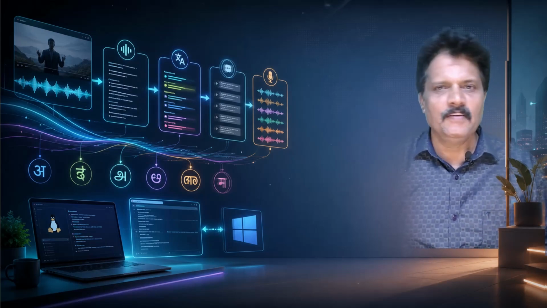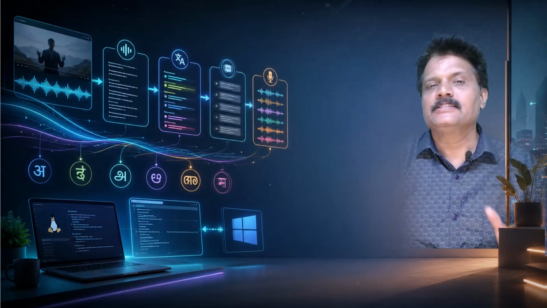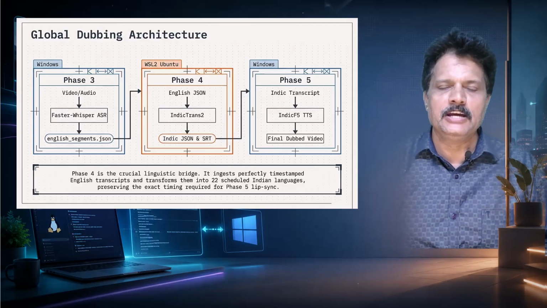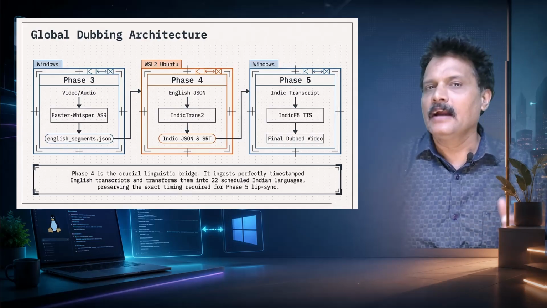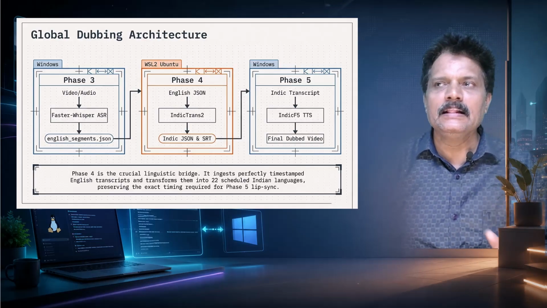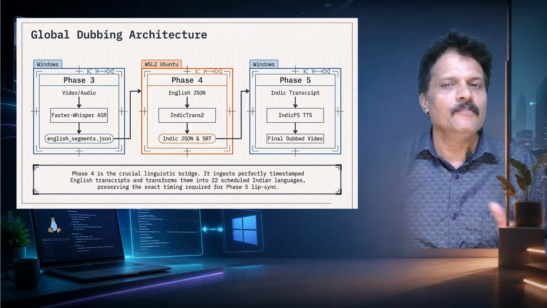In this session, we will cover phase 4 of the local AI dubbing and translation pipeline, where the output from the earlier transcription stage is converted into Indian language translated text and subtitles. In phase 3, the system takes English audio or video and generates an English transcript with timestamps.